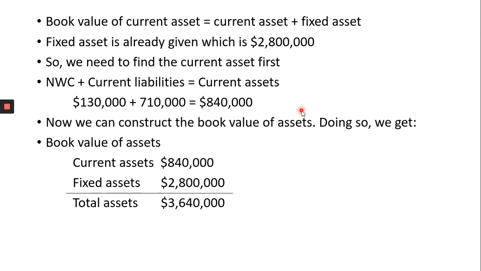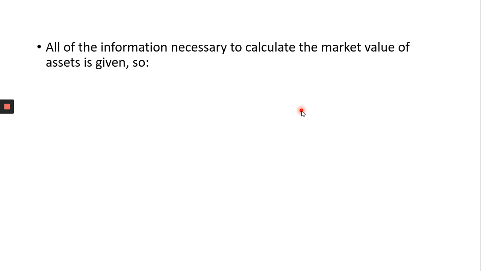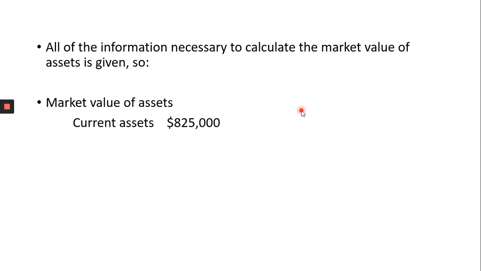Now let's calculate the market value. All of the information necessary to calculate the market value of the asset is given in the question. The market value of the asset will be the current asset plus the fixed asset.